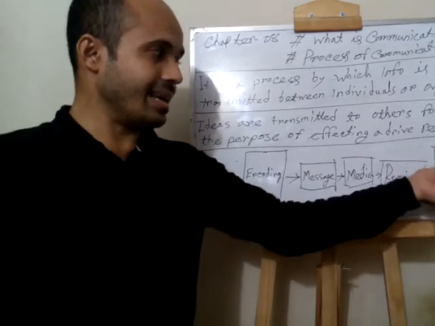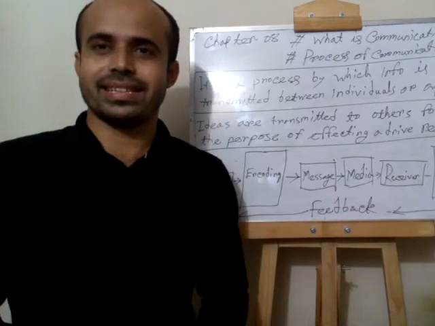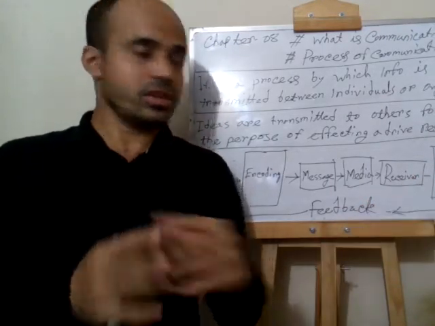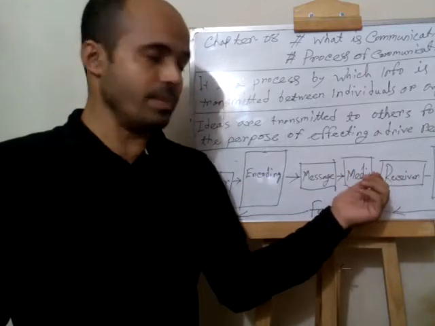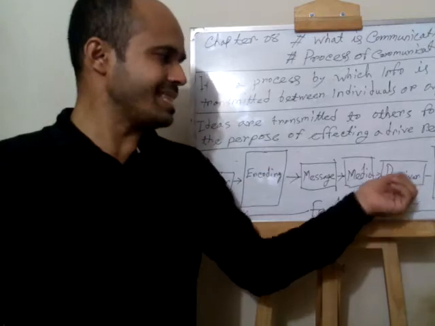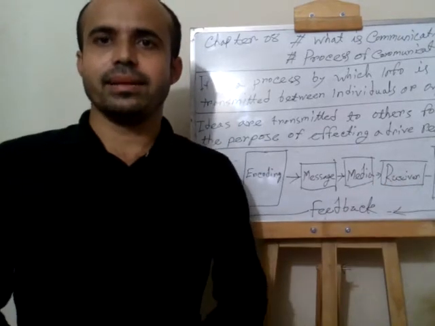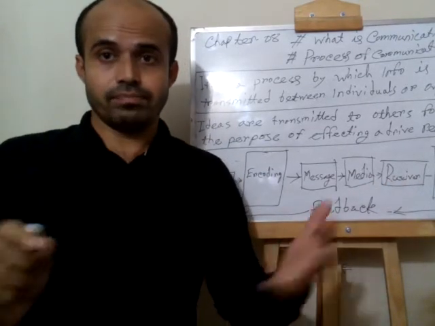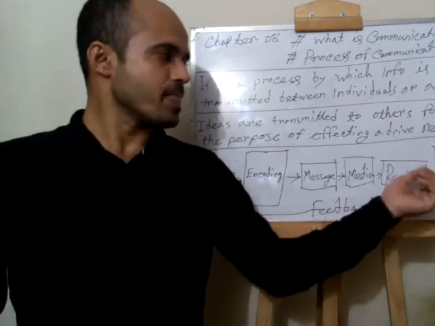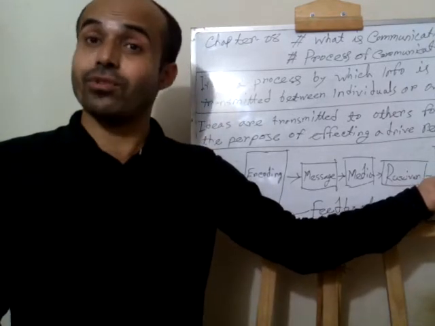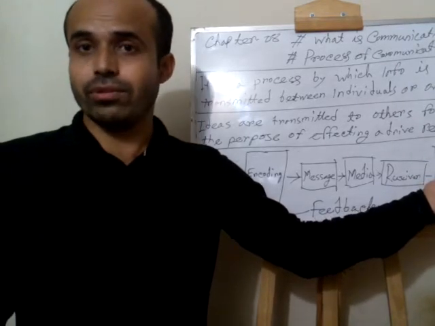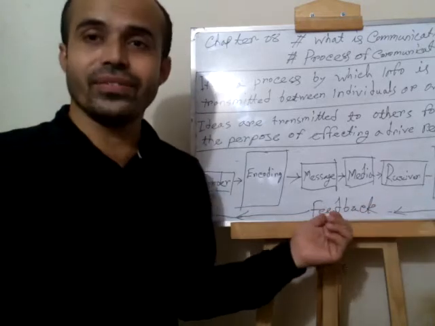And decoding must also be possible, because sometimes the receiver gets the message through media like email. So through an email the receiver gets a message, but the receiver cannot understand what is actually written. So he will not be able to decode that, and when he is not able to decode, then they will not give any feedback.